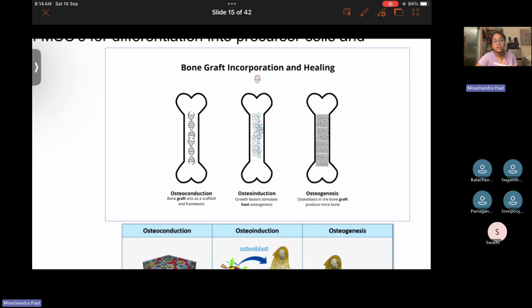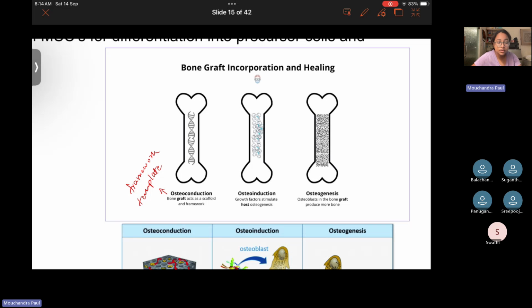Osteoconduction means the material that you are using should have the ability to act as a skeleton, a framework. It should give the cells a template onto which they can grow. To remember osteoconduction, remember the terms template and framework.